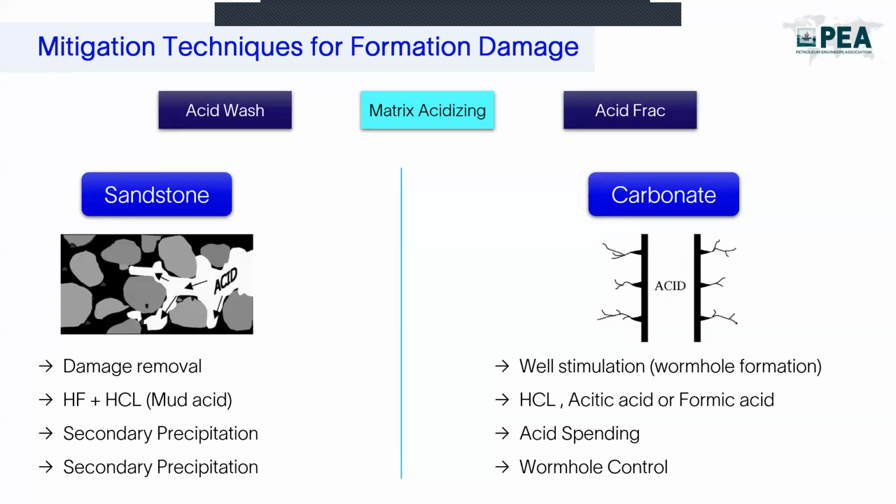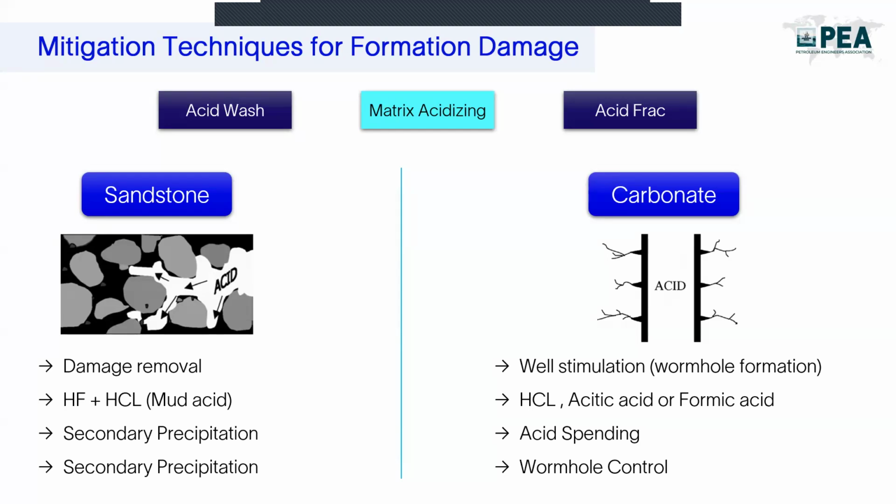So that's why HCl works very well with carbonates, creating, as you see here in this picture, what are so-called wormholes. So instead of attacking the damage that you may have, even from drilling, it reacts with the composition of the rock itself, creating these wormholes, and it can easily bypass the damage and open access to the reservoir.